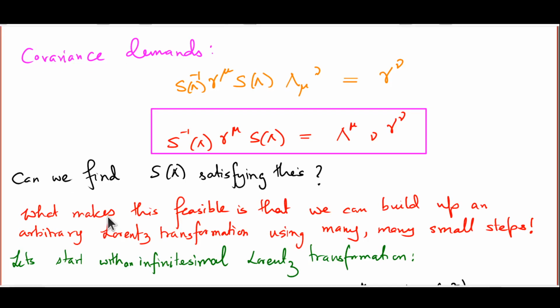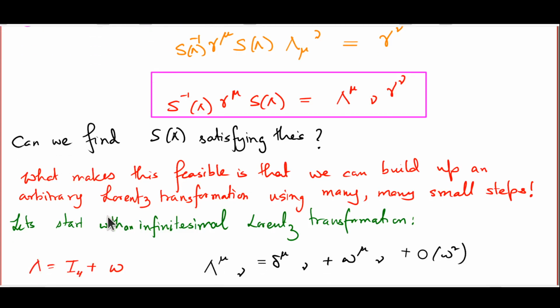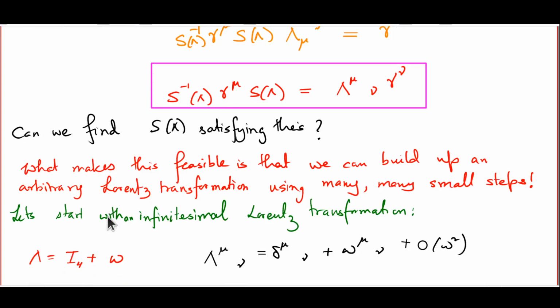For a particular infinitesimal Lorentz transformation, the matrix lambda will differ from the matrix of doing nothing, the identity, by only an infinitesimally small matrix. So lambda will be I4 plus omega, where omega is a 4x4 matrix whose entries are all infinitesimally small.